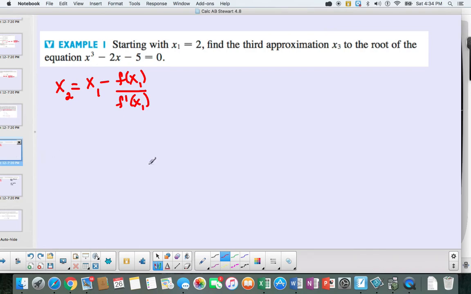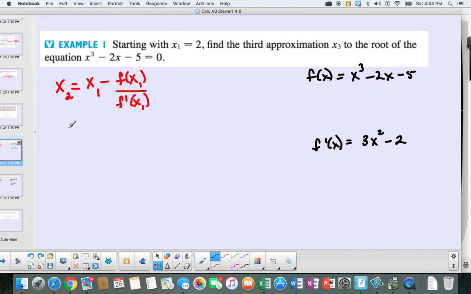In order to do this problem, we need to have the function, so f of x is equal to x cubed minus 2x minus 5, and then we need to find the derivative, which is 3x squared minus 2.